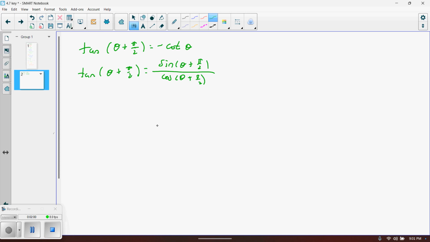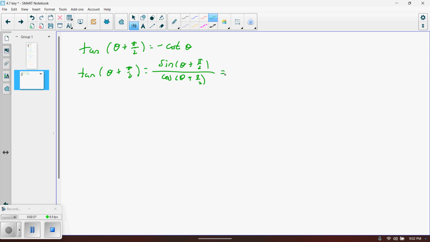And you might ask yourself, why can't I just use the tangent formula that you gave us? Well, if you try to do that, the problem is because you've got your angles as theta and pi over 2, there's no issues with theta. The issue is with tangent of pi over 2, because that's part of the tangent formula. Tangent of pi over 2 doesn't exist. It's an asymptote. So we're going to break this up into terms of sine and cosine.